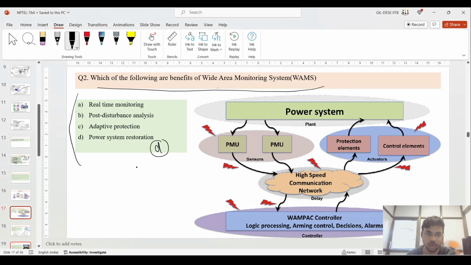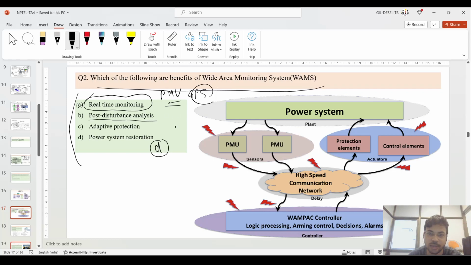Okay, thank you. I've got a couple of answers: some are saying AB, some are saying D option, some are saying all. Actually, all the options are correct. Why? Because in the WAMS system, you have real-time monitoring also. I've said that PMUs have this capacity, that synchrophasor technology is there, so you can monitor and get the data in real time.